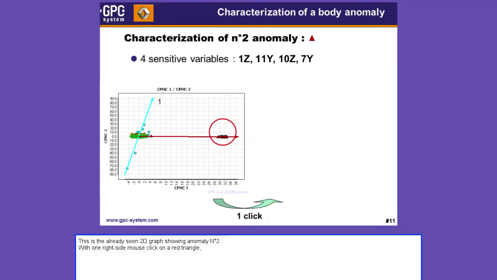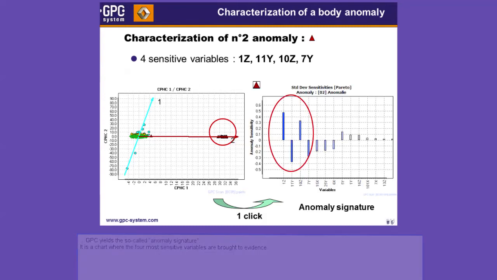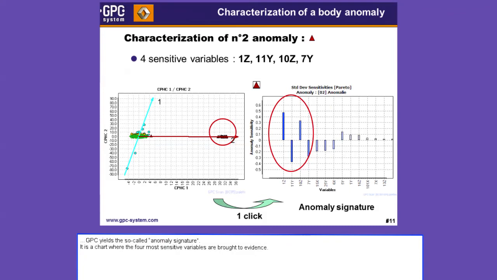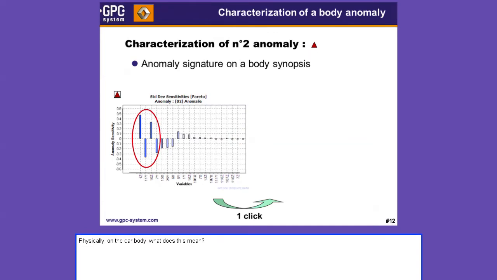This is the already seen 2D graph, showing anomaly number 2. With one mouse click on a red triangle, GPC yields the so-called anomaly signature. It is a chart where the 4 most sensitive variables are brought to evidence. Physically, on the car body, what does this mean?